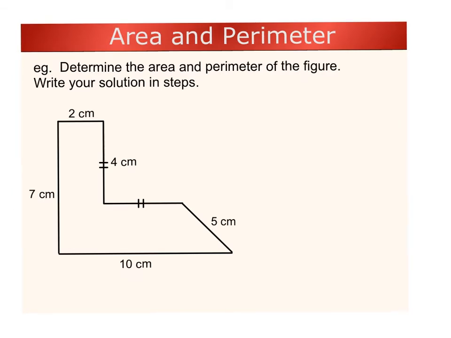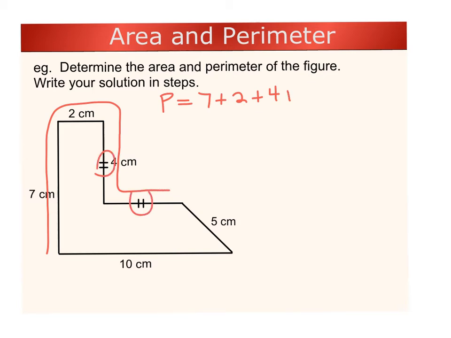Let's look at the perimeter of this one first. I'm going to drive around the outside: it's 7 plus 2 plus 4. Oh, this one has the little tick mark, so it's also 4 plus 5 plus 10. So 5 and 10, and I'm all the way back where I started.